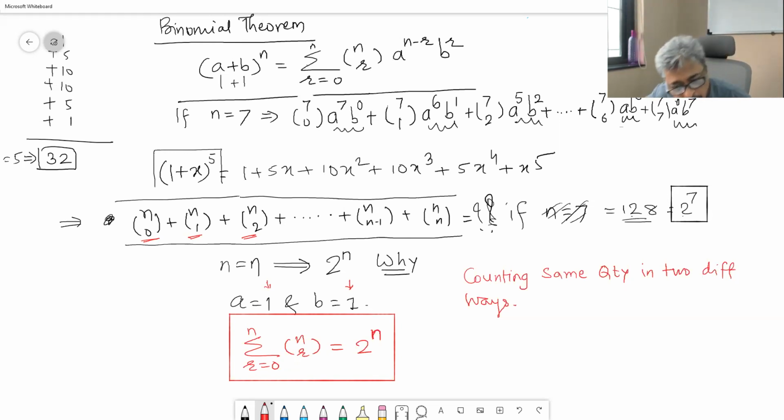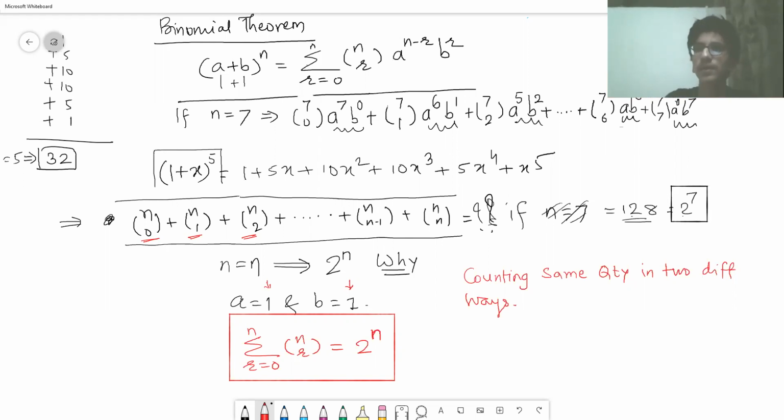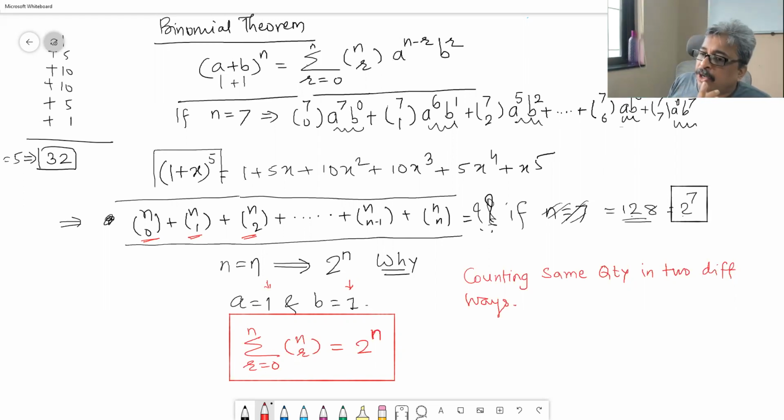Now, what if we take a as 2 and b as 3? How will we prove it then? At that time you will not be able to prove anything, because if a is equal to 2 and b is equal to 3, the LHS will be 5 raised to 7 and the RHS will be 7 choose 0, 2 raised to 7 plus 7 choose 1, 2 raised to 6, 3 raised to 1 and so on.